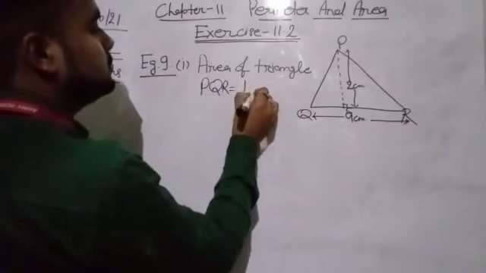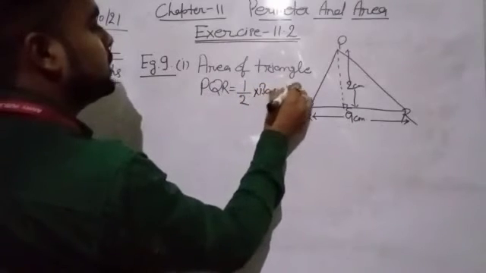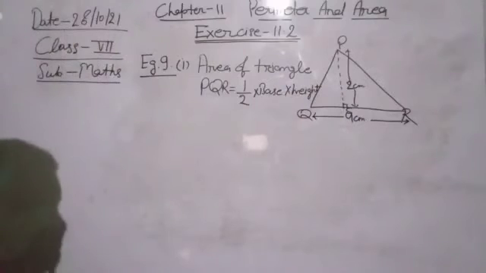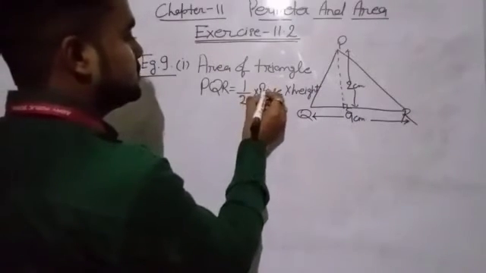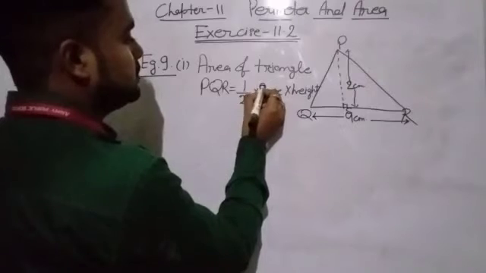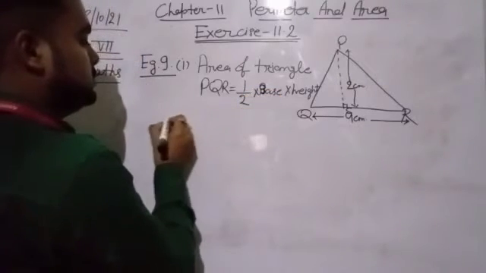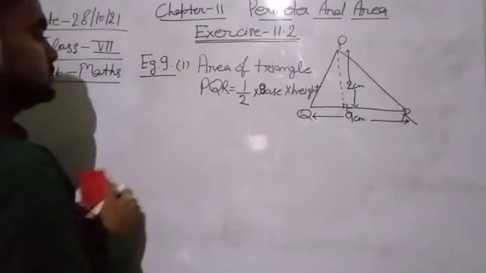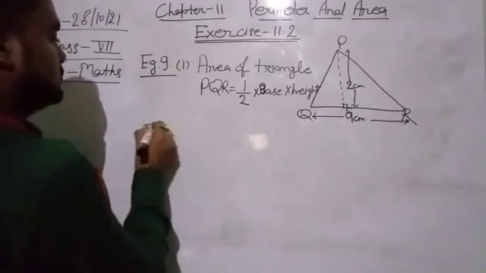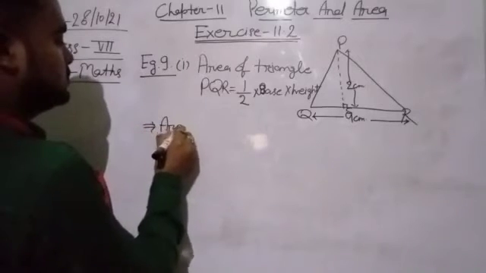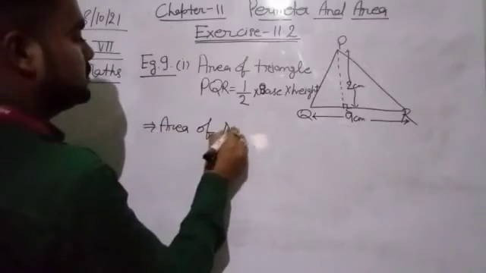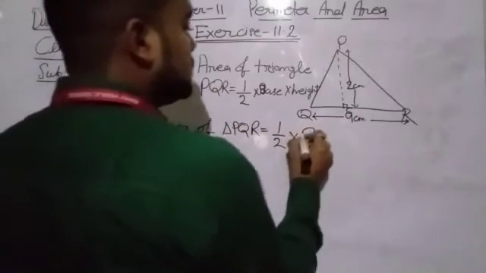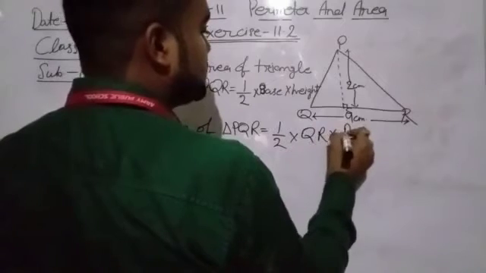One by 2 into base into height. 1 by 2 base into height is the formula for area of triangle, as we discussed in the class already. What is the formula for area of triangle? So area of triangle PQR is 1 by 2, base is QR and corresponding height is PS.